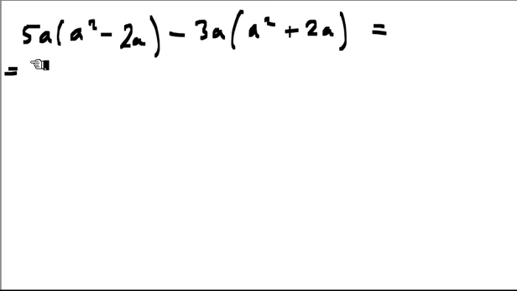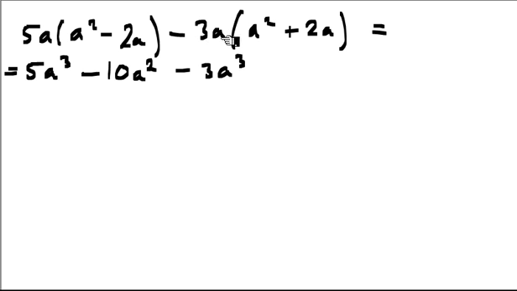This is going to be 5a times a2 is 5a3. 5a times minus 2a is going to be minus 10a2. Then we have minus 3a times plus a2 is going to be minus 3a3.